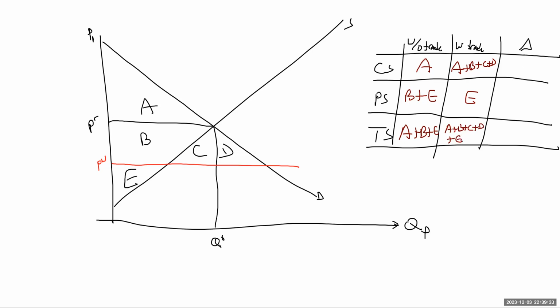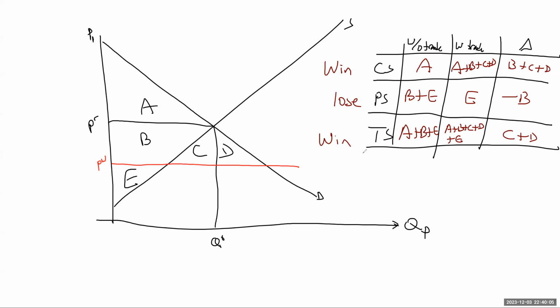Let's see what happened. Consumer surplus gained by B, C, and D. Producers lost B. And total surplus, we had a gain, C plus D. We could see consumers win, producers lose, and overall the economy wins with trade.